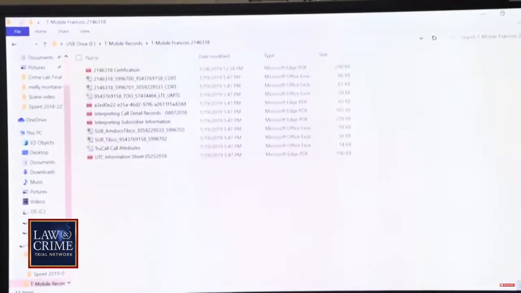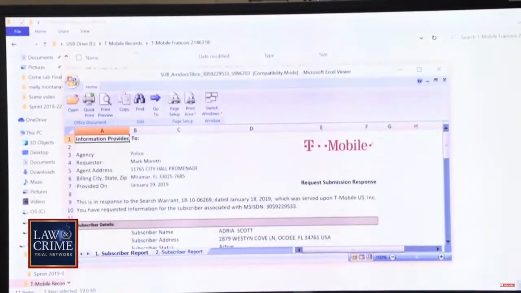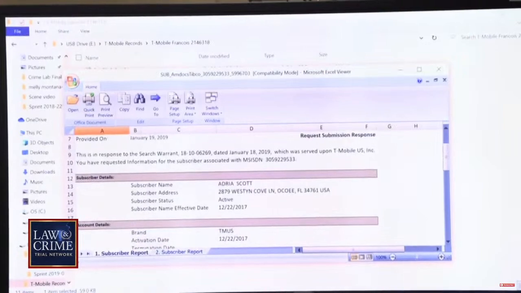Are there any other phone numbers this witness is going to be testifying about? Yes, Your Honor. He would also be testifying on the T-Mobile records to the individual by the name of Jameson Francois, and to the subscriber information for Mr. Francois's phone. This is related to Miss Adria Scott, and there's been testimony that Adria, or AA, is the wife of Jameson Francois.